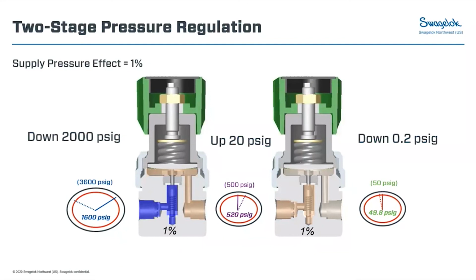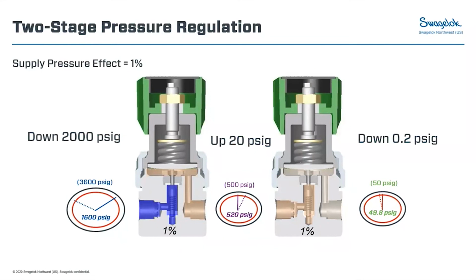And then after the next stage, since we're now changing 20 psi for the inlet pressure of our second regulator, that 1% of 20 psi is only 0.2 psi. And so now, since our inlet pressure for our second stage went up, our outlet pressure is going to do the opposite. So it's going to go down that 0.2 psi. So we had a set pressure of 50 psi.